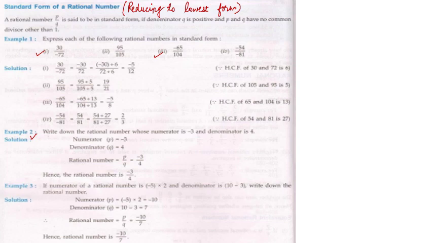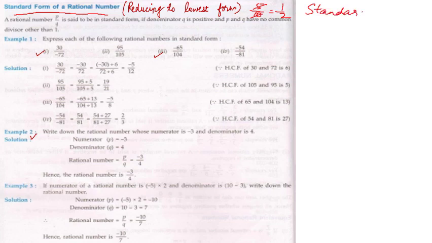Moving on to the next topic, that is representing a rational number in its standard form. Standard form simply means reducing the number to the lowest form. If I write a rational number as 5 by 10, it can be reduced to 1 by 2, isn't it? That is your standard form.